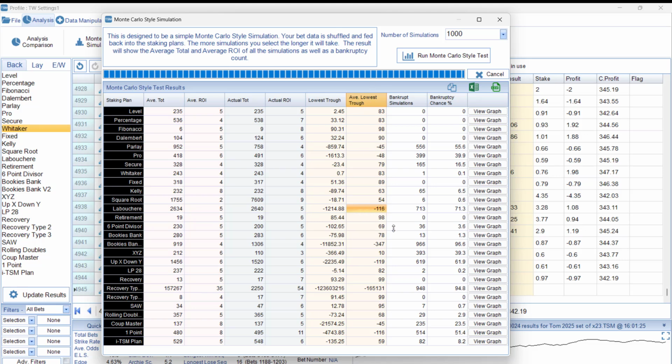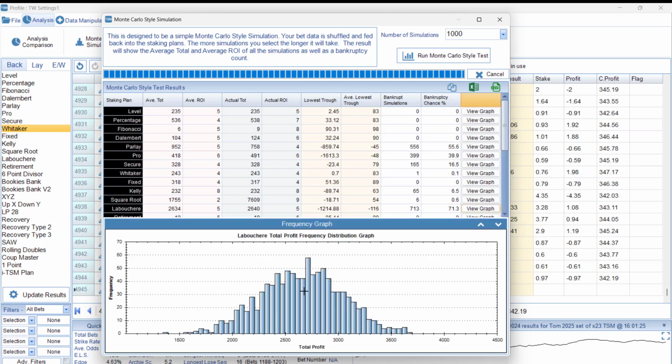Whereas on its average level, it's going to go bankrupt 71% of the time, which is why I wouldn't use Labouchere. Not a big fan of it. It's a progressive one. And there are very cool graphs as well that show that with these 1,000 shuffles, how many times we're getting what profit level. For example, 58 of the shuffles, we got 2,700 points.